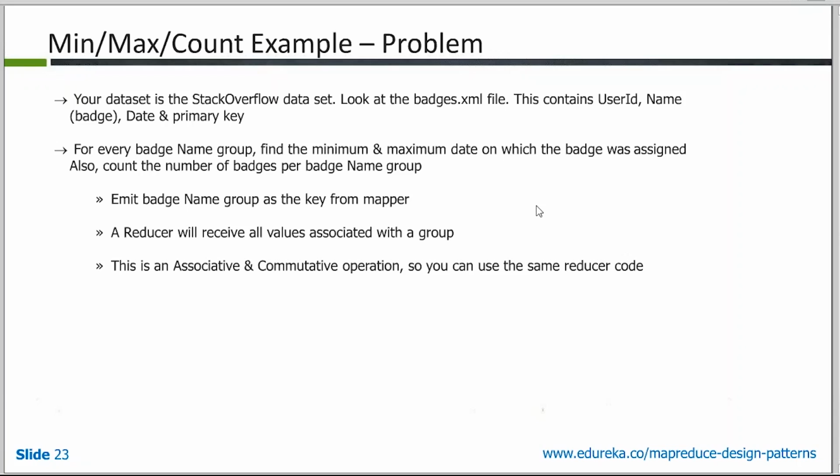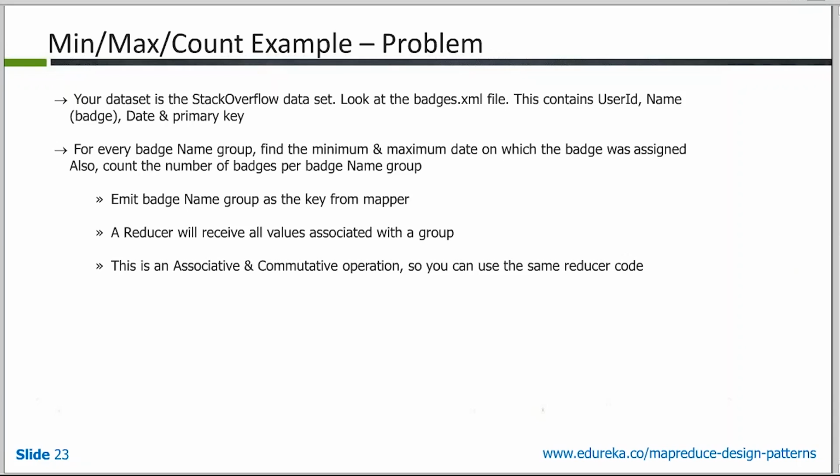Okay, so for this min-max count example, we'll look at the badges.xml file, which is about the badges given to the users on Stack Overflow. The task is, for every badge name group, since there are different varieties of badges, we'll see the minimum and the maximum date on which the badge was assigned, and also count the number of badges per badge name group.